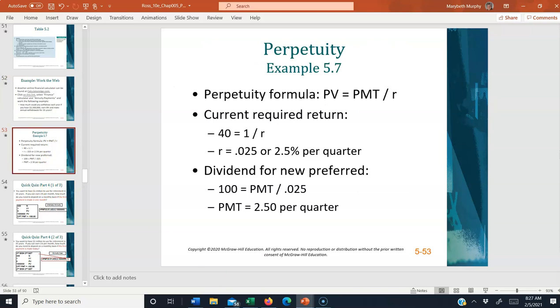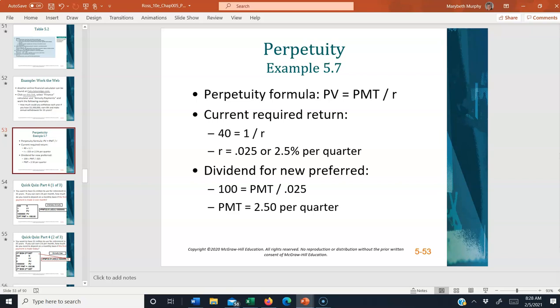All right, here's a perpetuity example. The present value of a perpetuity is the payment divided by the interest rate. So the required return, it's 40 payments, and the required return is 2.5% per quarter.